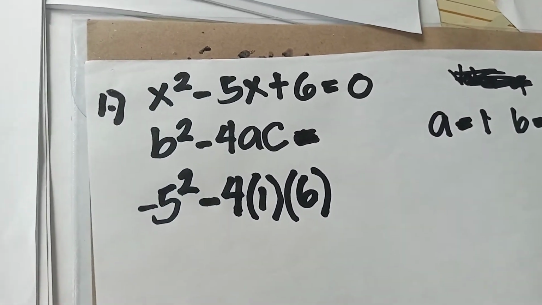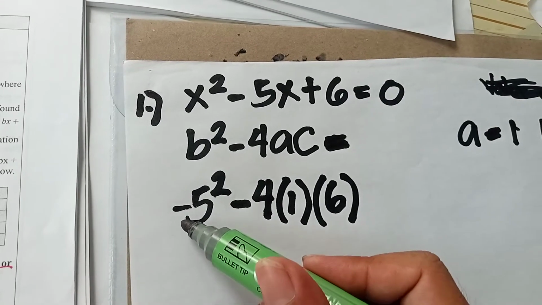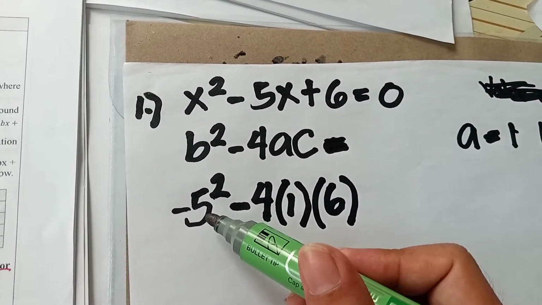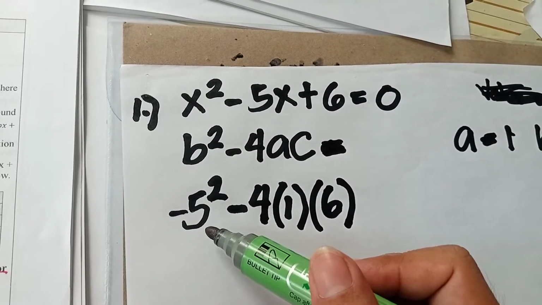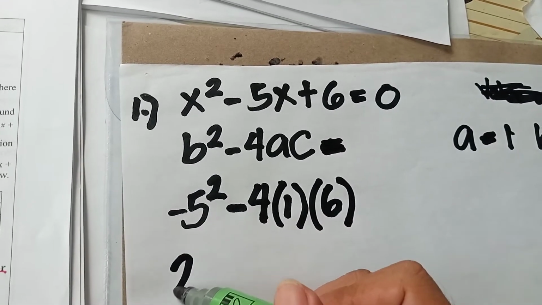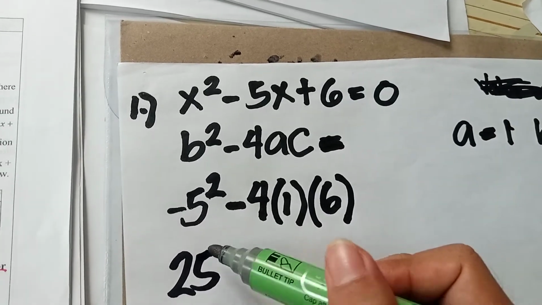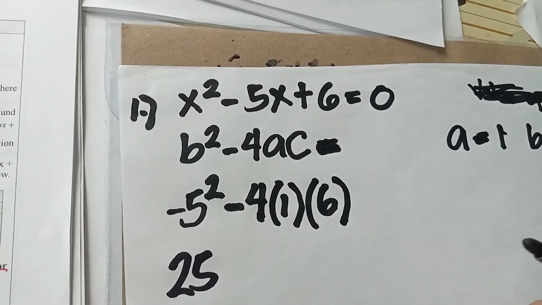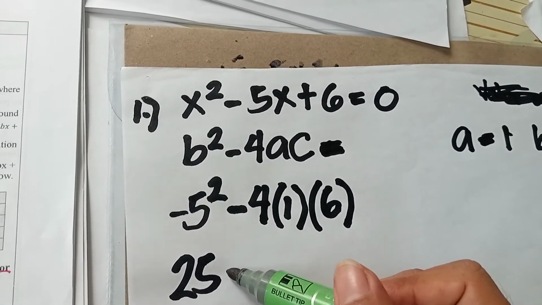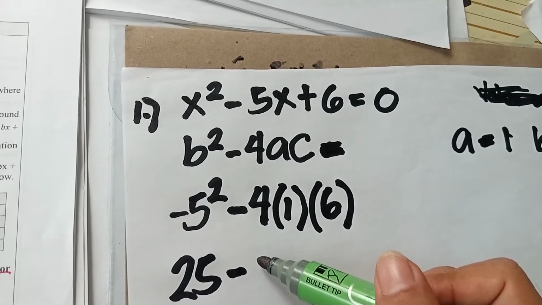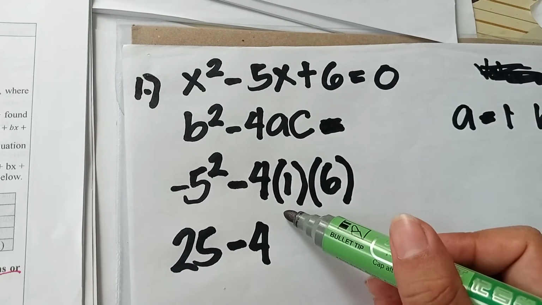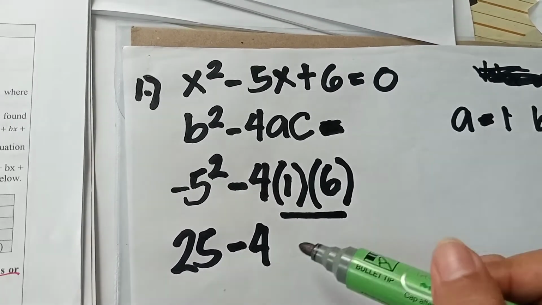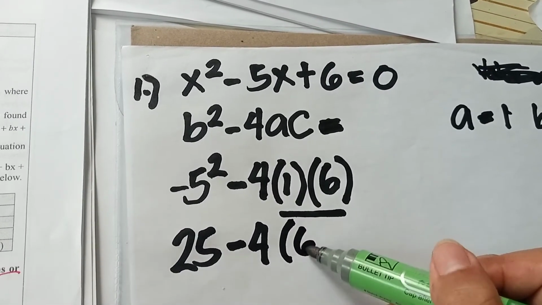And then continue solving. Negative 5 times negative 5 is equal to positive 25. Then copy this one, 4. Then i-multiply nato ning duha. 1 times 6 is equal to 6.